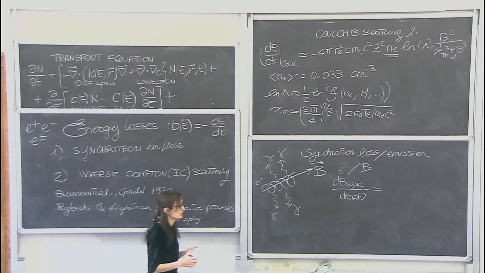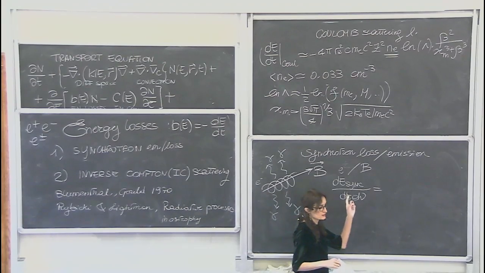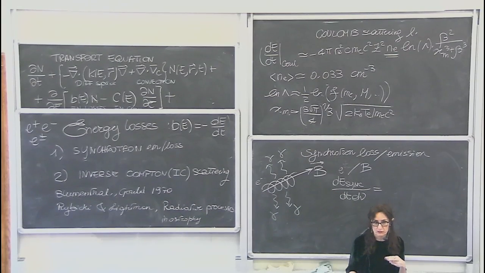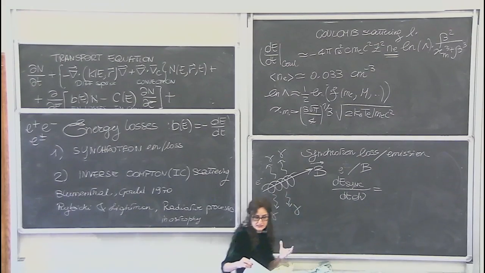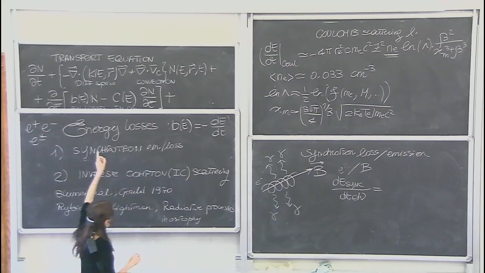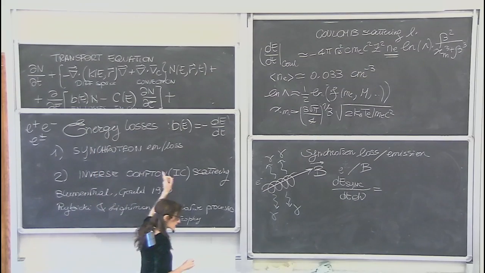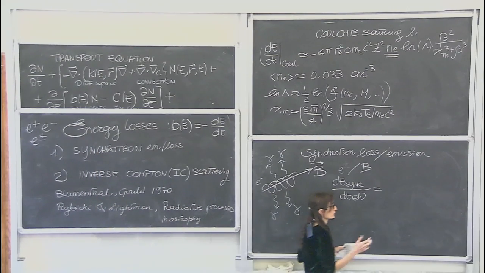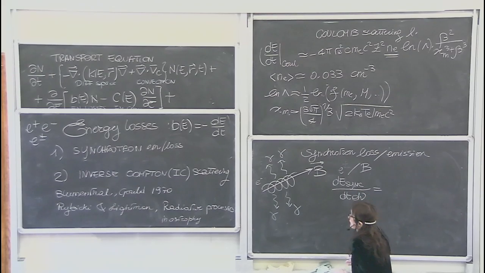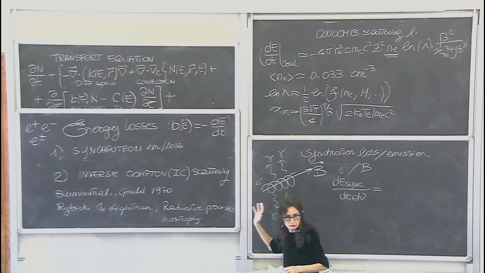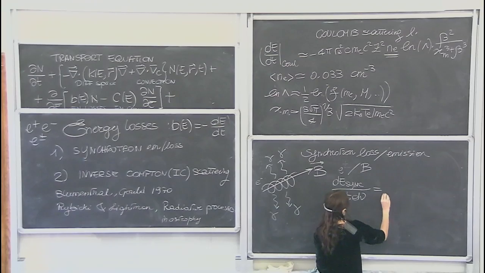Very often you see this expression with the plus, because people are interested in the emitted radiation. It depends if you consider a loss and put it in the diffusion equation, or if you want to look at the electromagnetic waves. In all this literature, you find a plus.